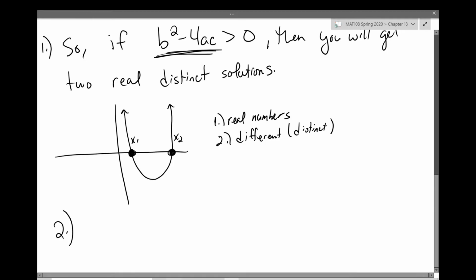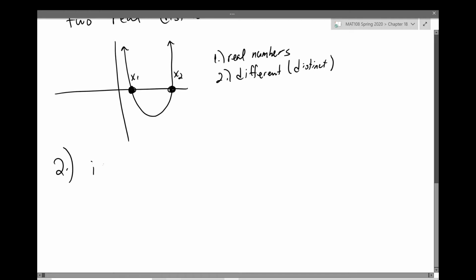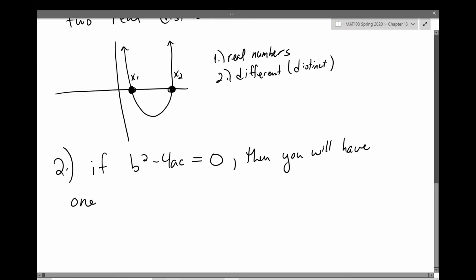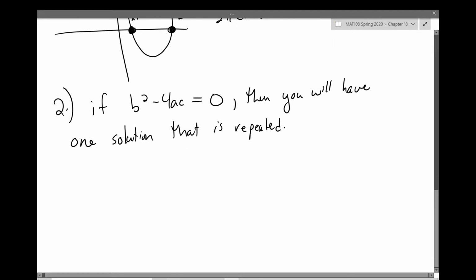Your second solution is if b squared minus 4ac is equal to 0. Then you will have one solution that is repeated. What does that mean? Well, let me show you.